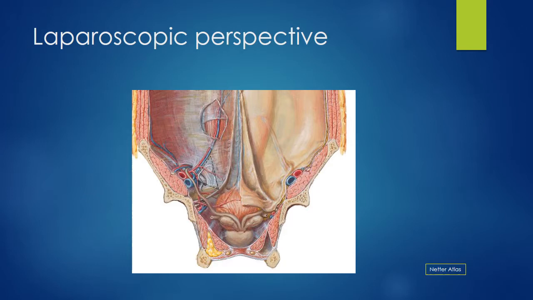It is important to understand the vascular structures that are at risk when we do a laparoscopic repair, which is essentially the femoral vein and the femoral artery.